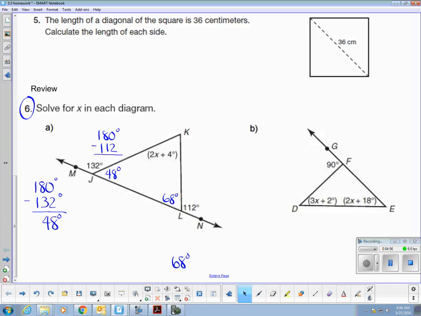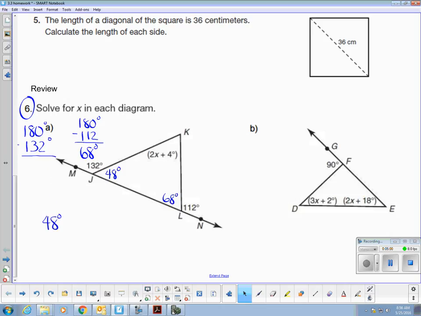Let's just move these over here. So my equation is 48 degrees plus 68 degrees plus 2x plus 4 degrees together has a sum of 180 degrees.